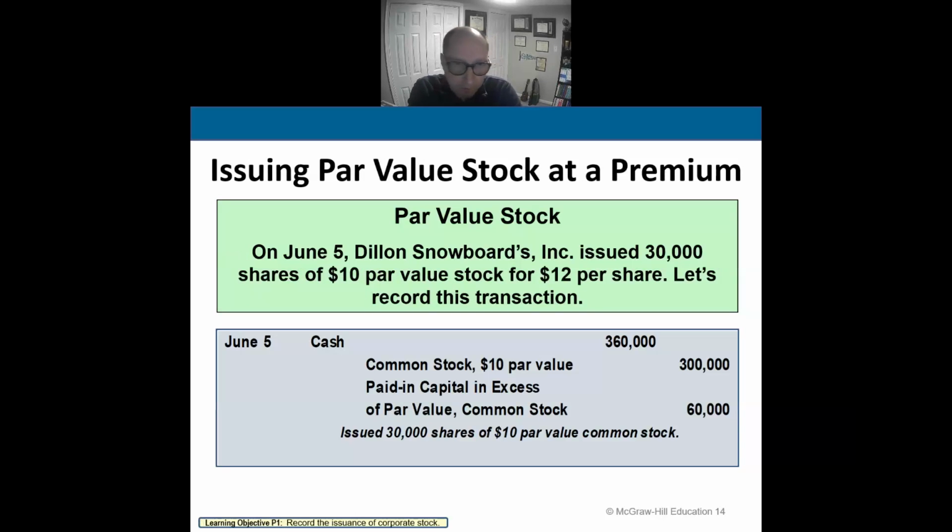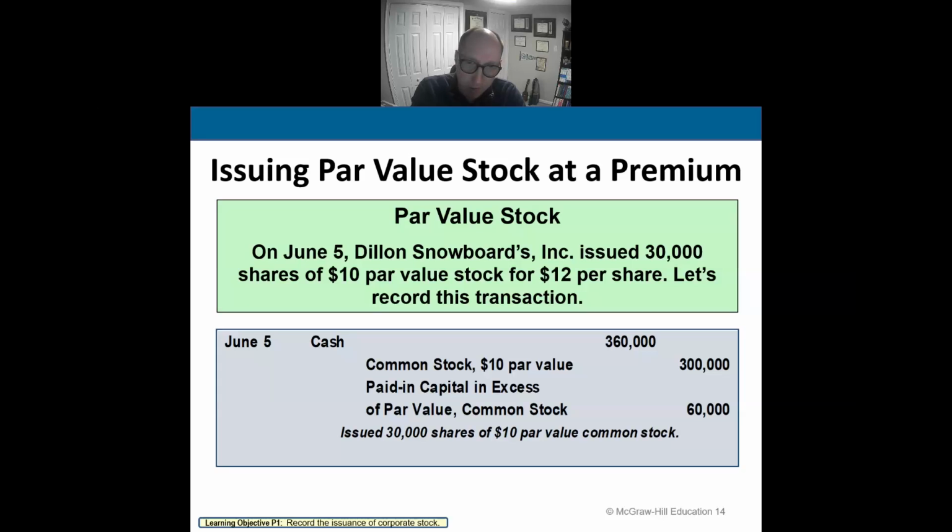In this example, our snowboard company issues the 30,000 shares at $10 per stock value at $12 per share. Okay, remember the key terms here. Par value. Remember we had said earlier on that par value is an arbitrary amount that the company says their stock is worth at the time the company is formed through the charter.